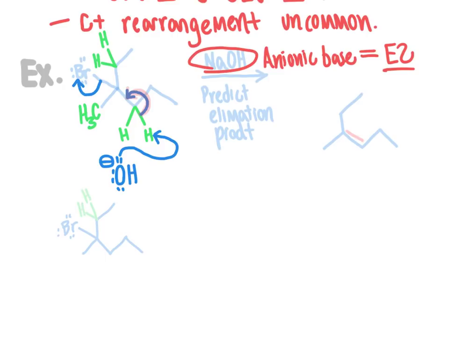And so we'll go ahead and bring in our oxygen atom from the base. So that's going to act as our basic atom there, and that's going to grab a proton from that beta position, forcing the carbon-hydrogen bond to break there, and the electrons from that are going to come over to make a carbon-carbon double bond at the same time that leaving group leaves. And then that is going to lead us to our product here.